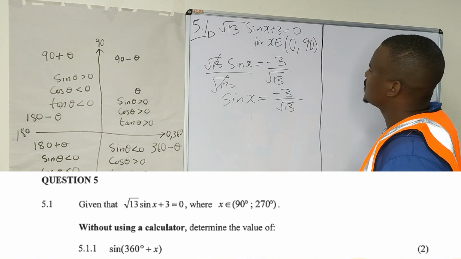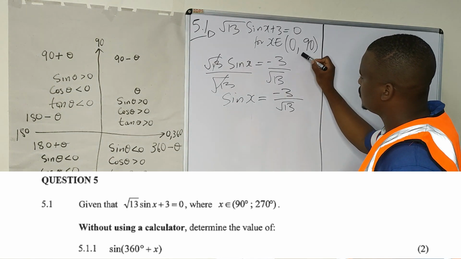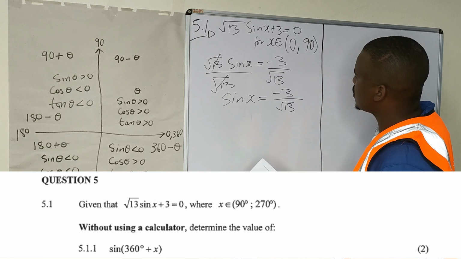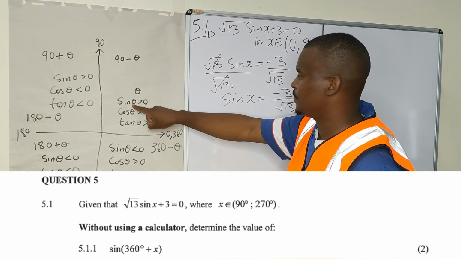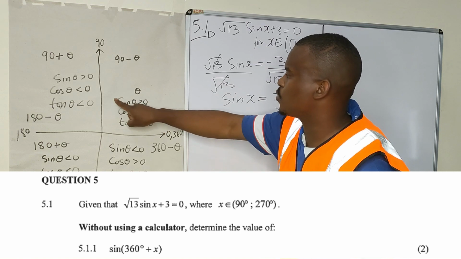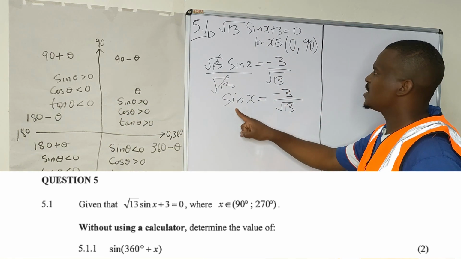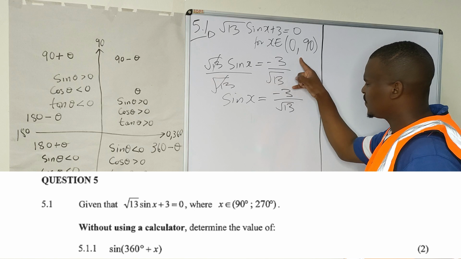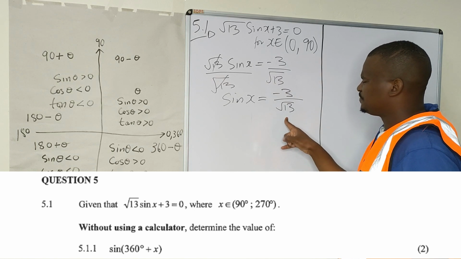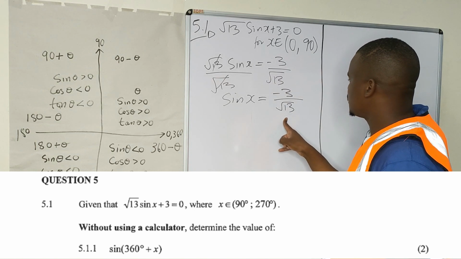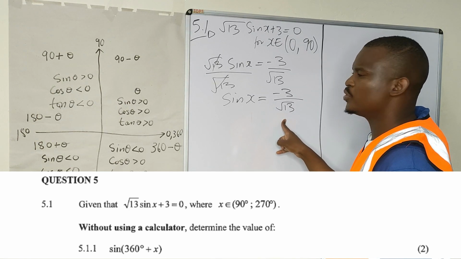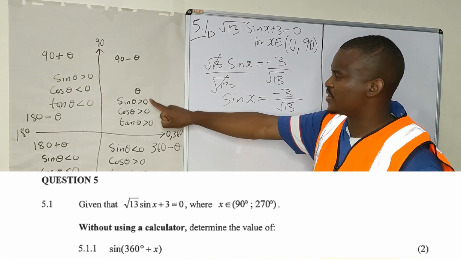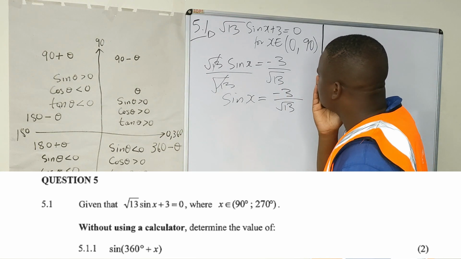We are told that x is in the first quadrant, where sine is positive. But here sine is negative, which is not possible, because in the first quadrant, sine is positive.